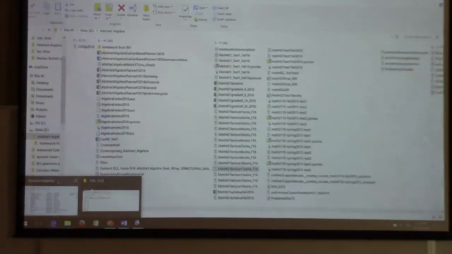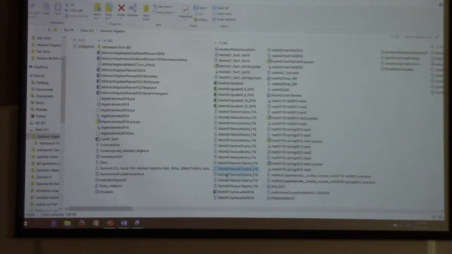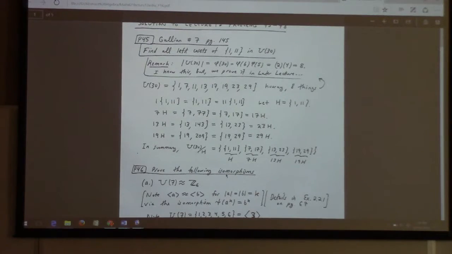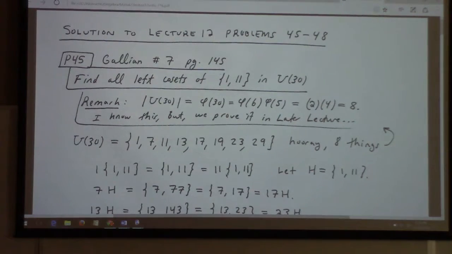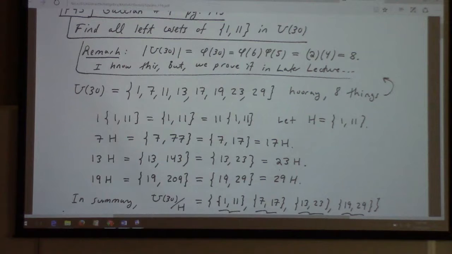Brings us to 12. Here we have, what were we supposed to do? We're supposed to find the left cosets of 1, 11, and U30. This is just a straight calculation, right?